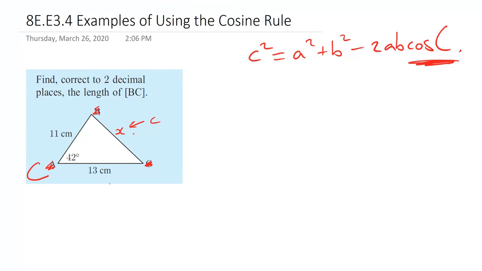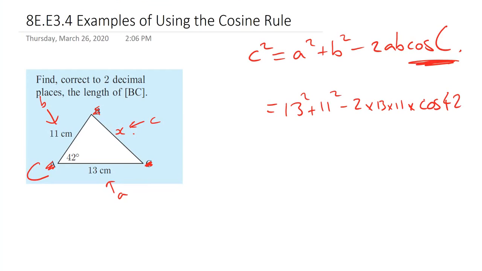We can then say that the 13 could be A and the 11 could be B, but it wouldn't make any difference at all to the question if we had swapped that round and chosen the A to be 11. So if we put these numbers in, then what we're going to have is 13 squared plus 11 squared minus 2 times 13 times 11 times cosine of 42.